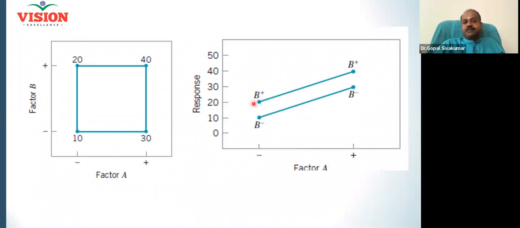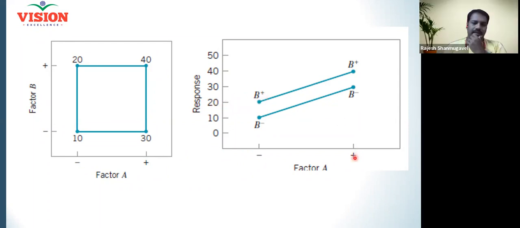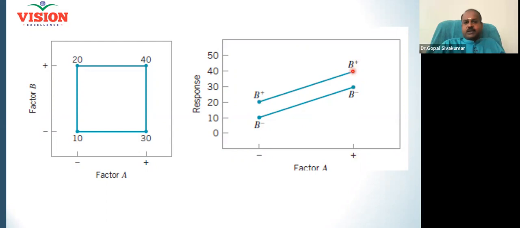Can you see 20 here? Now A is high, B is also high. What is the experimental output? 40. Can you see the 40 here? Now connect the B plus and B plus. Now you have drawn a line connecting both B minus and connecting both B plus.